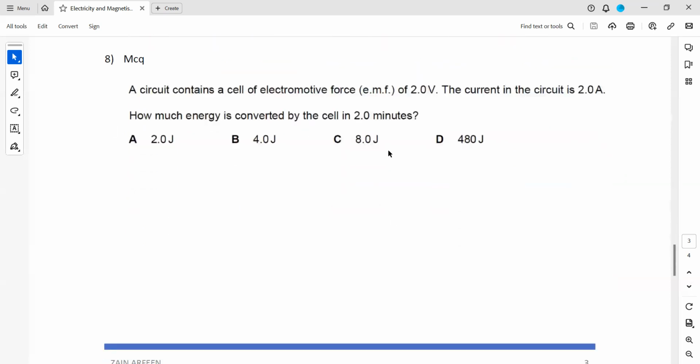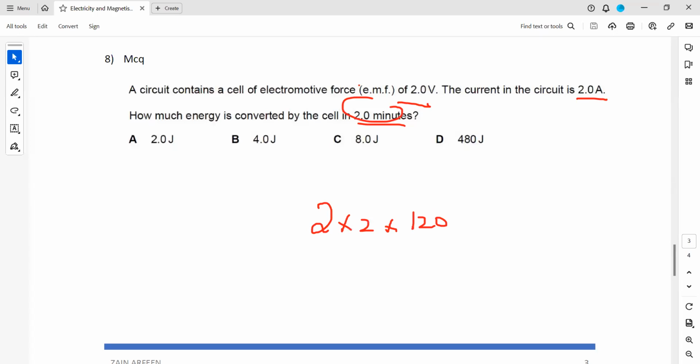Question 8, a circuit containing a cell, the EMF is 2, the current is 2, and the time is 2 minutes. But time should always be in seconds. So what we do is 2 multiplied by 2 multiplied by, time is in minutes, so multiply by 60, so it will be 120.